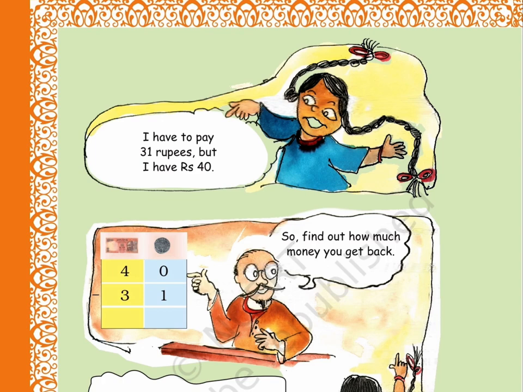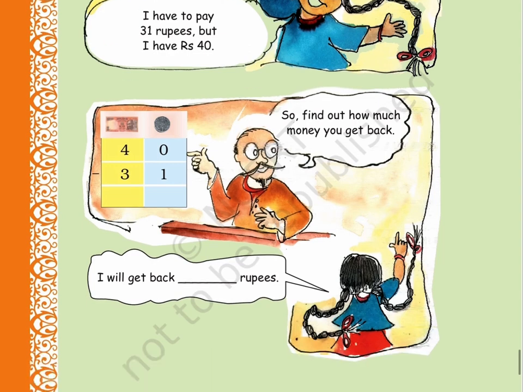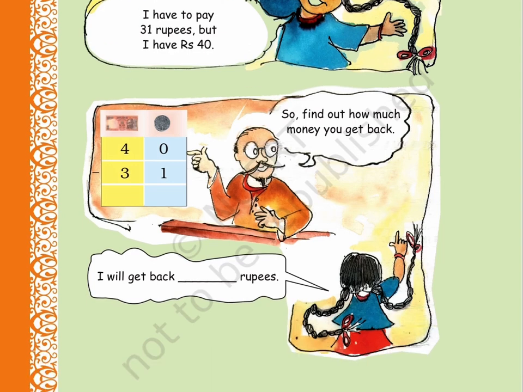The table reads, Row 1, Column 1, number 4, Column 2, number 0. Row 2, Column 1, number 3, Column 2, number 1, and there is a minus sign in front of 3.